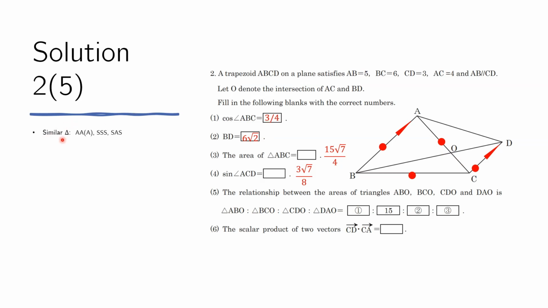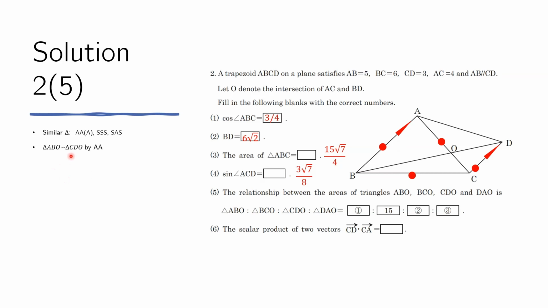So to check for similarity, we have something called AA, which is, as we mentioned earlier, something to do with the angles being equal, and SSS, which has something to do with the sides being proportional, and also SAS, which means that if you have two corresponding sides that are proportional, and you also have an included angle, included meaning the angle between the two sides, and if you have that included angle equal to the other included angle, then you also have similar triangles. And we will use that in this problem.